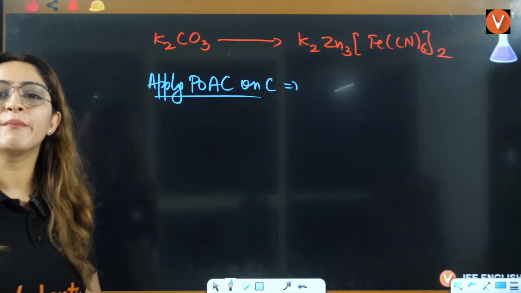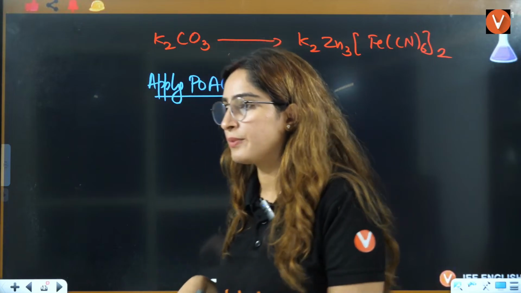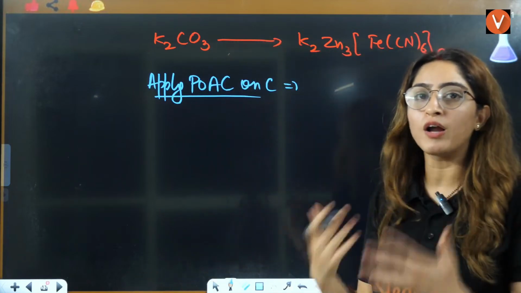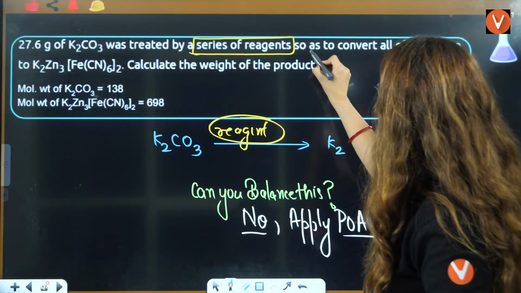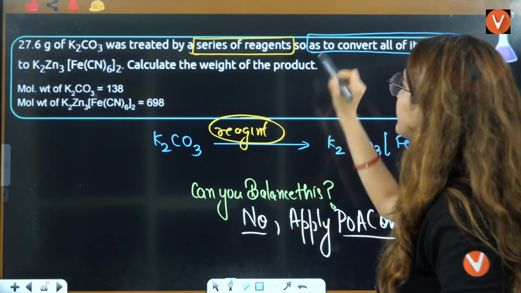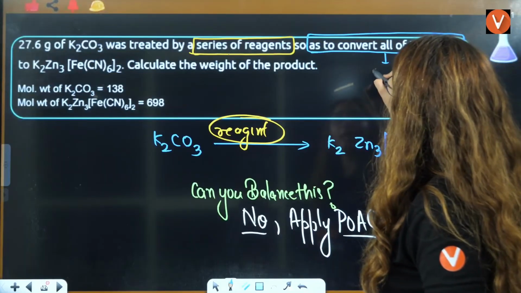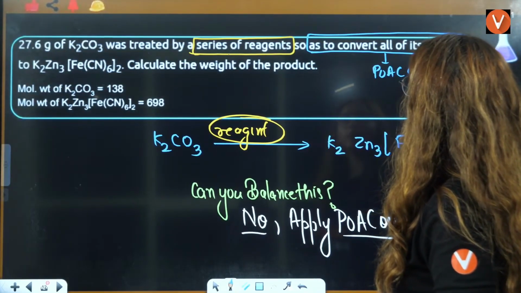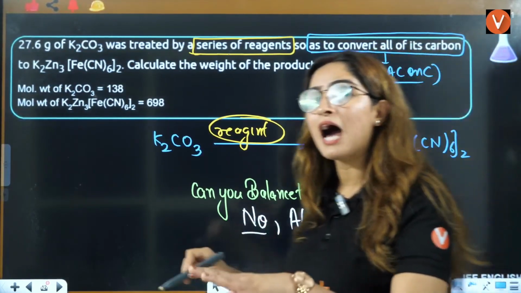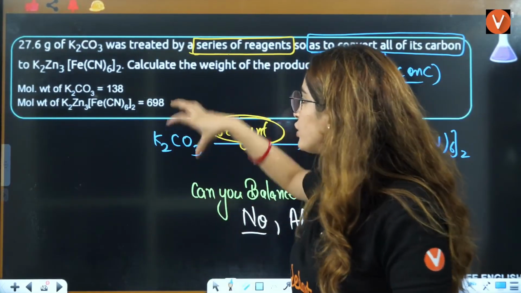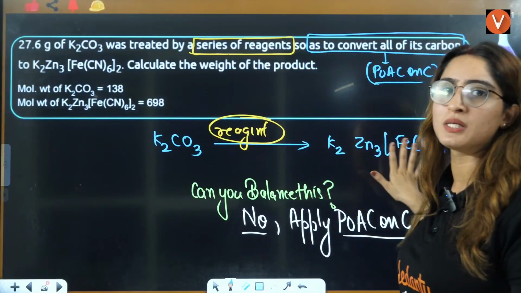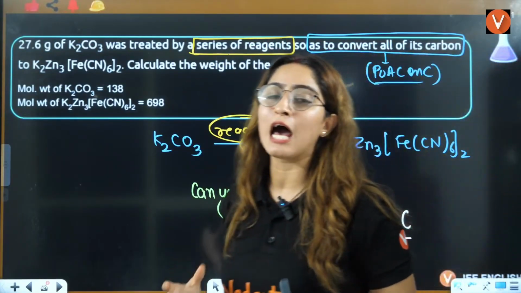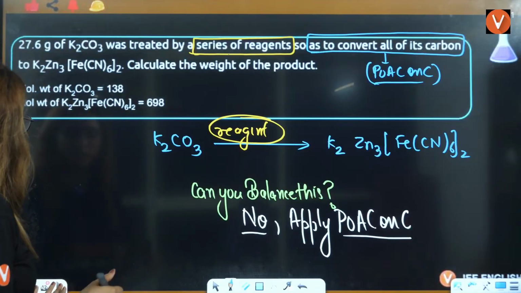Why am I applying POAC only on carbon? Because they have given me the hint, so as to convert all of its carbon. That means apply POAC on carbon only. I am sure that the amount of carbon you have taken here is fully converted to this thing. That means I am sure about carbon, so I'll apply POAC on carbon, right?